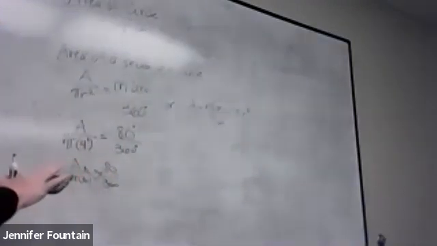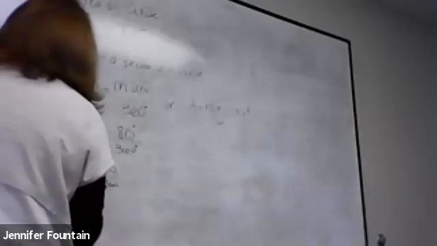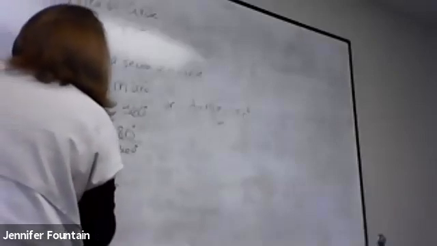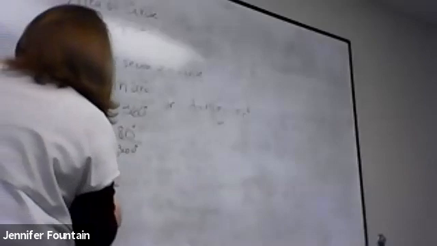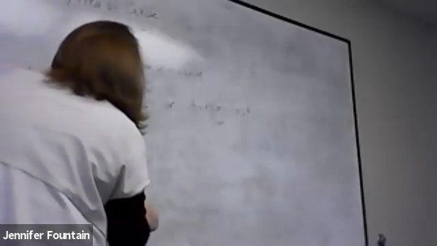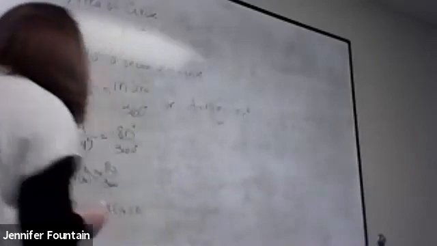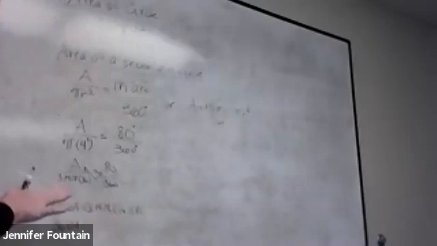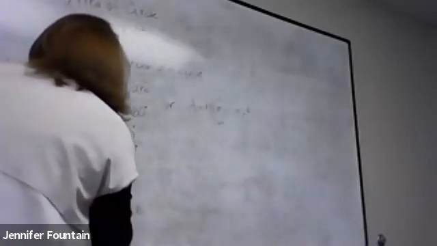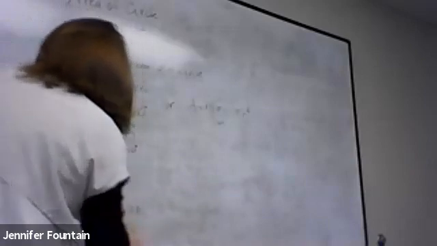So I'll have 360 times A is equal to 3.1428 times 16 times 80. So 360A is going to equal 4,022.784.